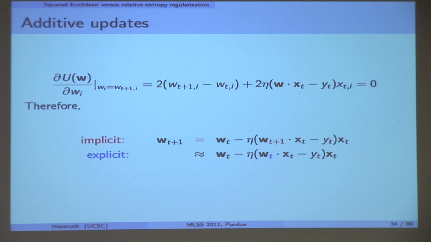So we call this the implicit update. And this is the pretty update. Now, we usually don't use this implicit thing. In this linear regression case, you can solve it, but in general, you can't. So we just approximate the t plus 1 here by the old gradient.